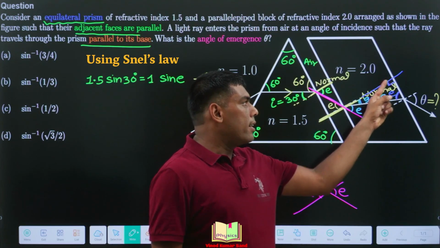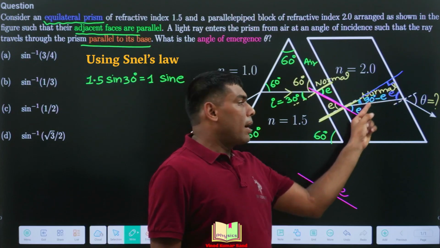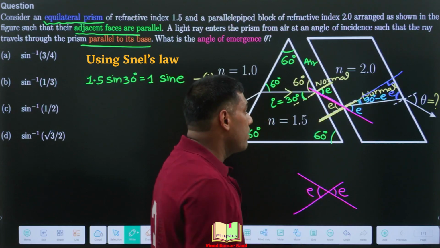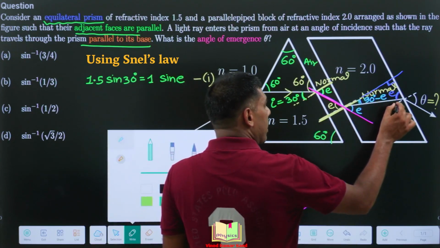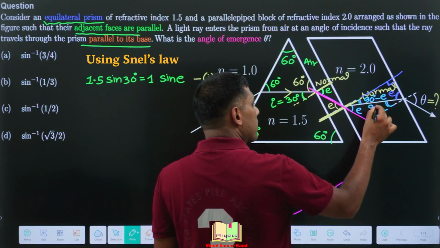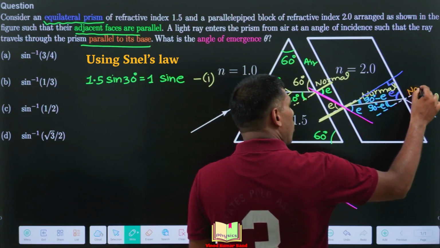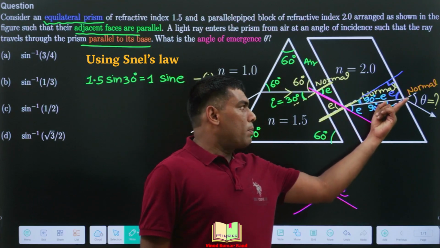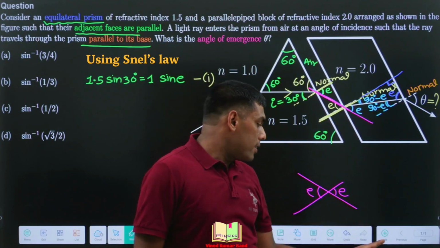See it: 90 degree plus 90 degree minus E plus E. Plus E minus E getting cancelled out, 90 degree plus 90 degree becomes 180 degree. If this is E, then the angle here with this normal should be 90 degree minus E. In ray optics, we consider the angle with the normal. So the angle with the normal is 90 degree minus E.